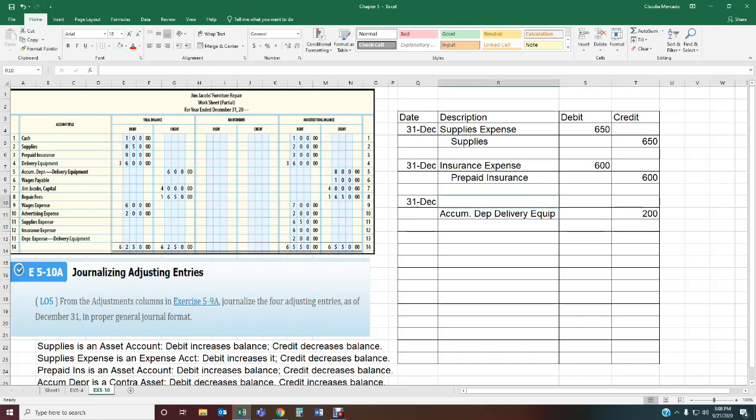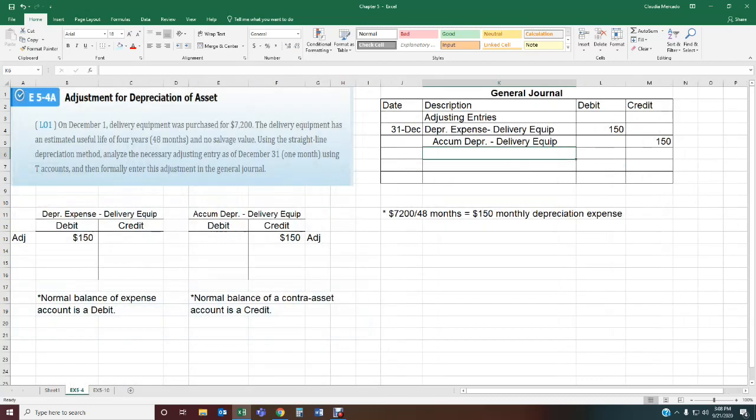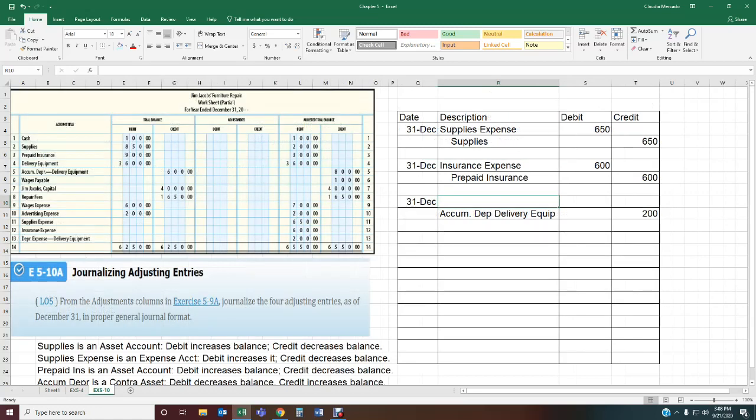So what does that mean? That means that I used up my delivery equipment and we depreciated it during the period. So every time we depreciate, just like we did over here, we have to debit our depreciation expense account. Let's look at depreciation expense. For my delivery equipment, my beginning balance was 0.